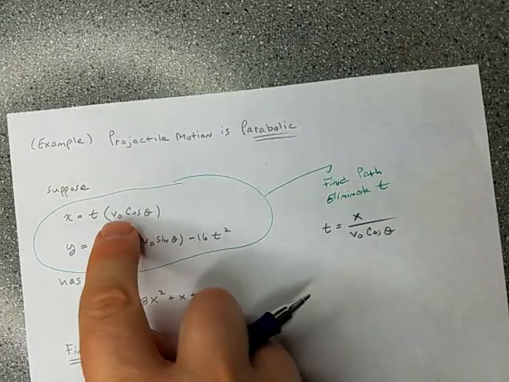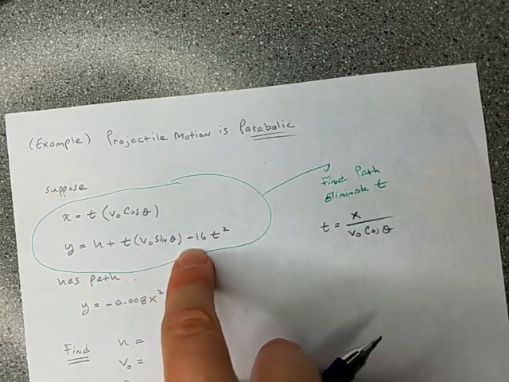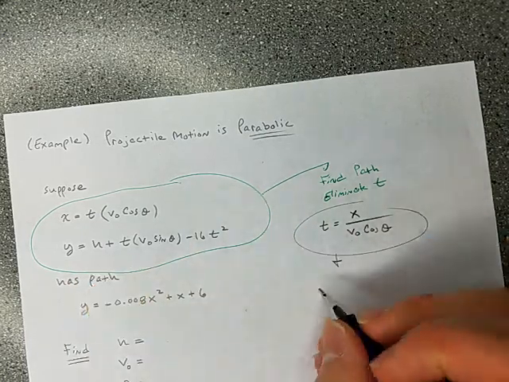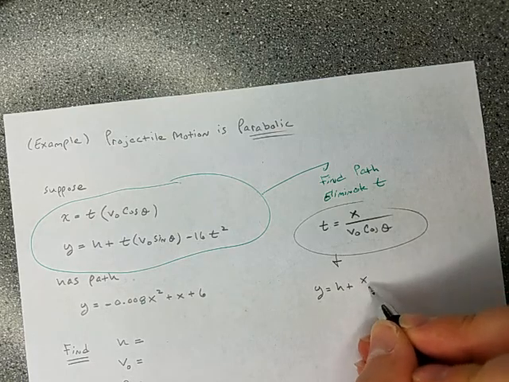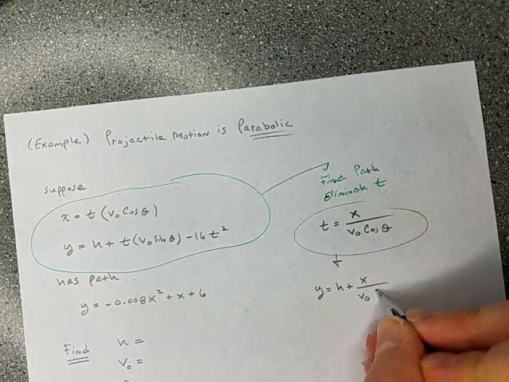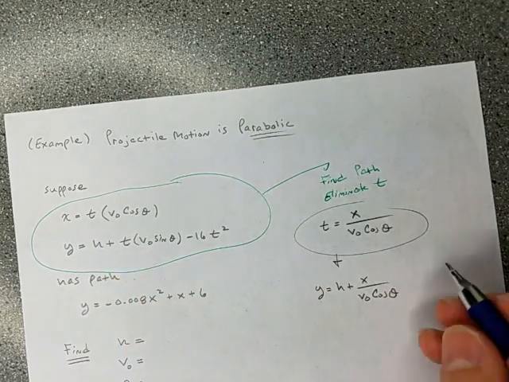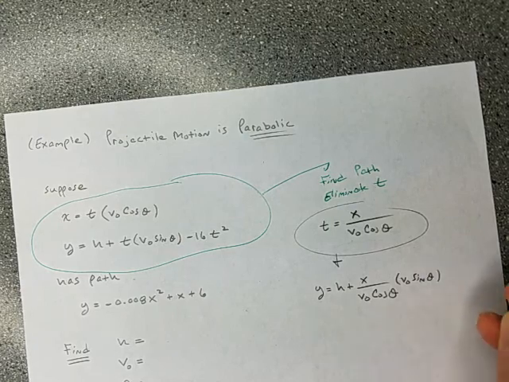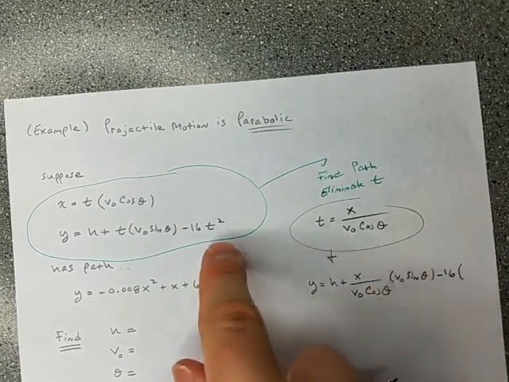Then, given that that's how I can solve for t, I can put it into this. So take that, sub into that second one, and I'll get y is equal to h plus x over v naught cosine theta times v naught sine theta, minus 16 times t squared.